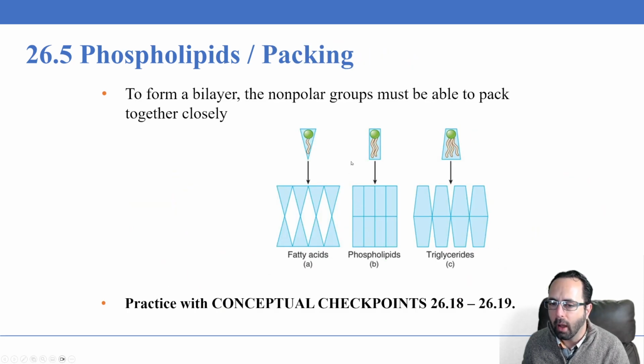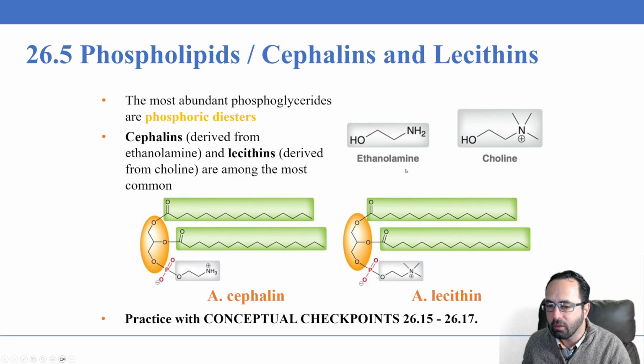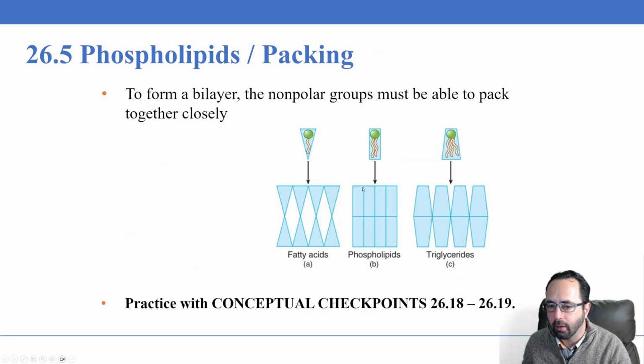And the reason why we have a phosphodiester, or rather having two hydrocarbon chains and the phosphoester at the top, is because this leads to an overall shape here that can form a nice, pretty solid membrane wall.